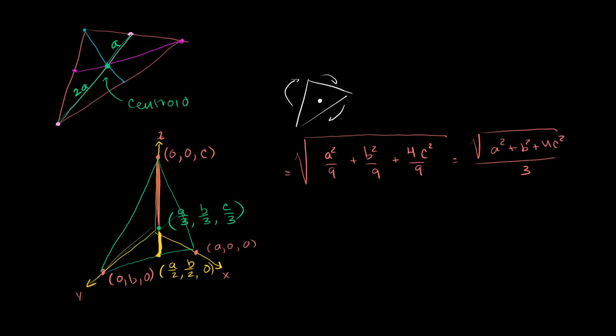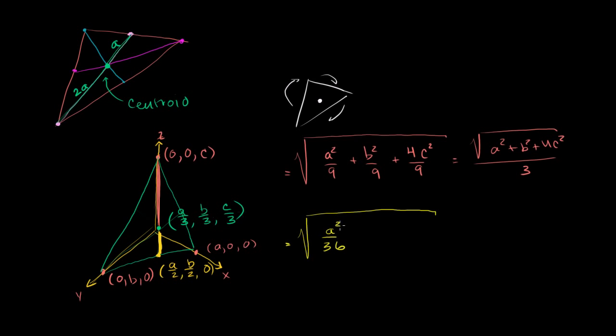Now let's do the same thing with the yellow distance. It's going to be equal to the square root of, so if we have a over 2 minus a over 3, so 1/2 minus 1/3, that's the same thing as 3/6 minus 2/6. So it's 1/6 a. 1/6 a squared is a squared over 36. b over 2 minus b over 3 is b over 6.